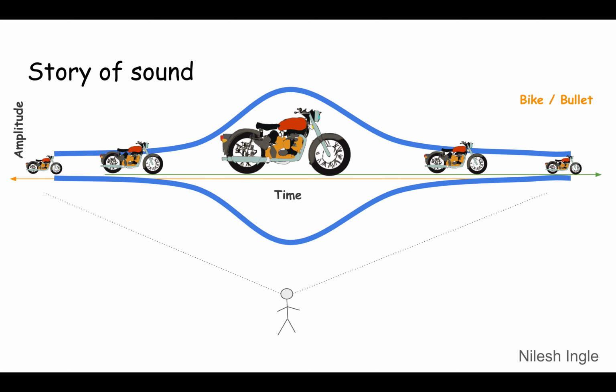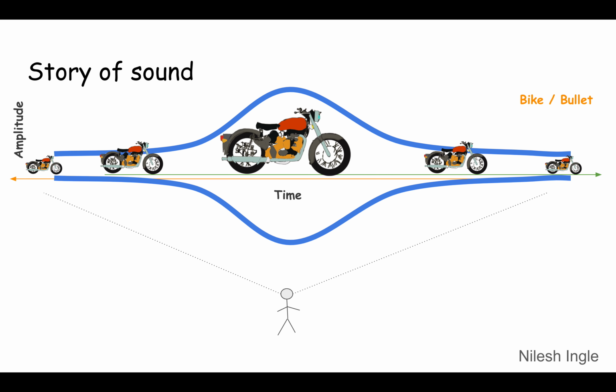So if you look at the waveform, you have amplitude on the y-axis and time on the x-axis, it'll look something like this, with height much larger in the middle of the curve, and it narrows down as we go toward the edges of the plot.